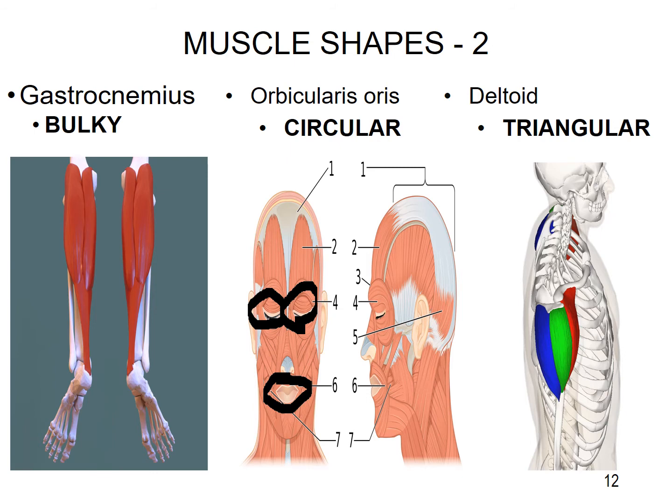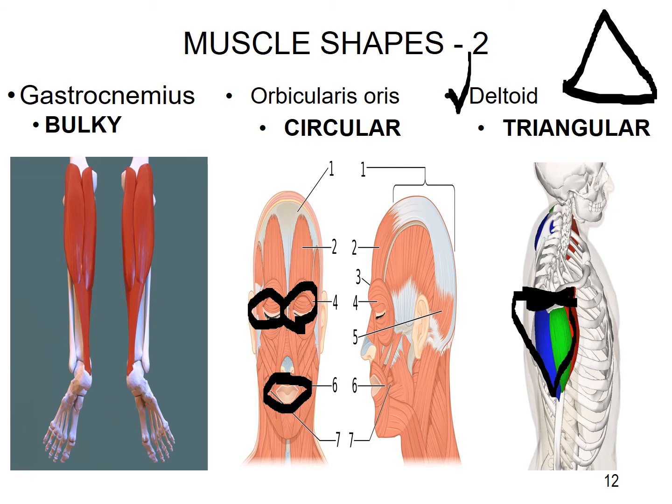We also have triangular muscles, and you can see the deltoid is a triangular muscle. Delta, if you've ever studied the Greek alphabet and fraternity, sorority, delta is a kind of a triangle. So the deltoid muscle is this upside down triangle in your upper arm.